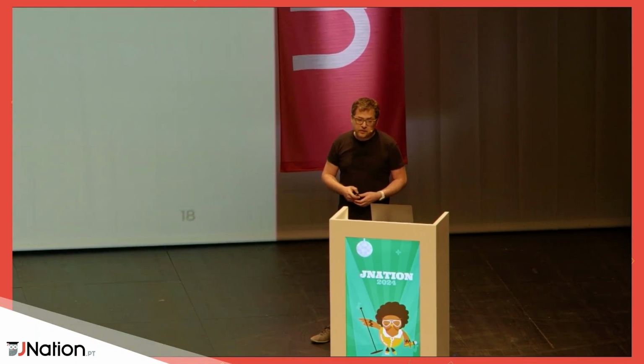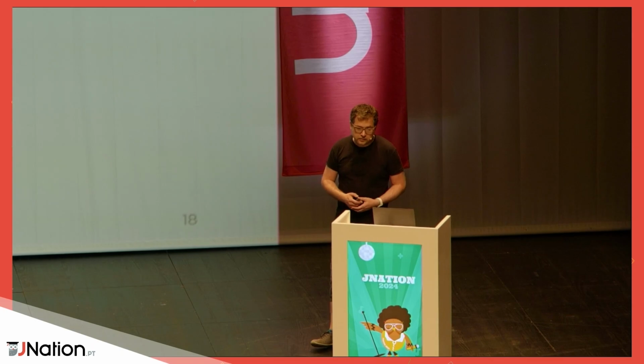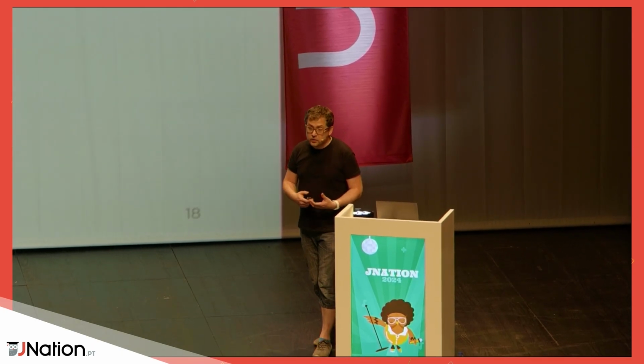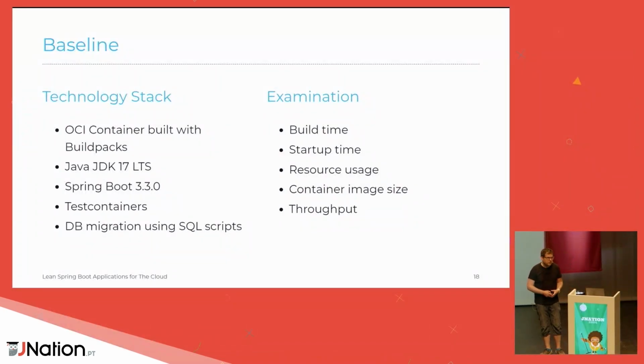If you have a look at the technology stack in general, with the benchmarking, what I usually do is use Docker containers, or I produce Docker containers with buildpacks. Buildpacks, you probably know, are quite a nice technology. You don't need to write your own Dockerfile, and if you don't know about buildpacks, you will learn why they are so nice.